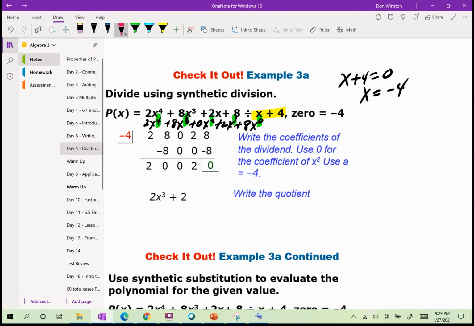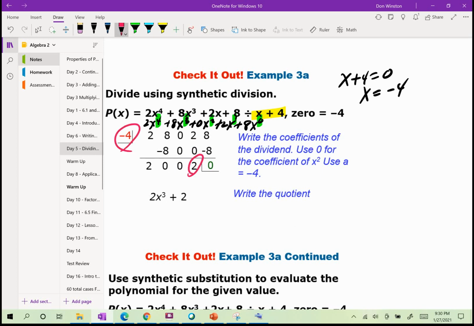Again, synthetic division. Bring down the 2. Negative 4 times 2 is negative 8. Add: 8 plus negative 8 is 0. Multiply negative 4 times 0 gives you 0. Add 0 plus 0 is 0. Multiply again, negative 4 times 0 is 0. Add 2 plus 0 is 2.